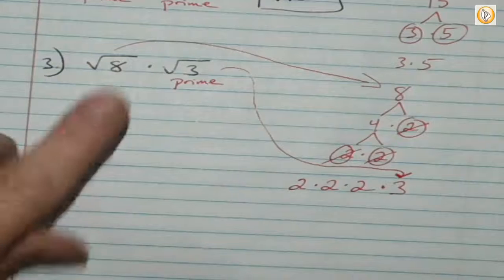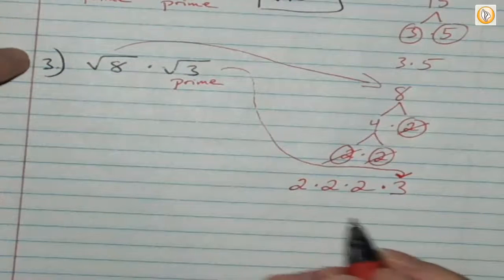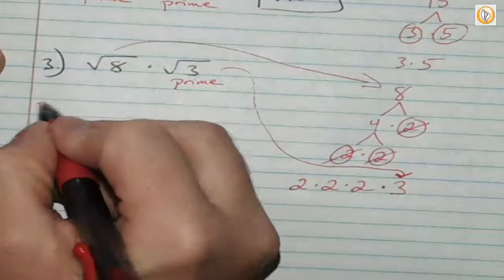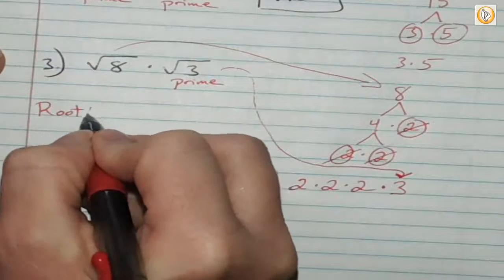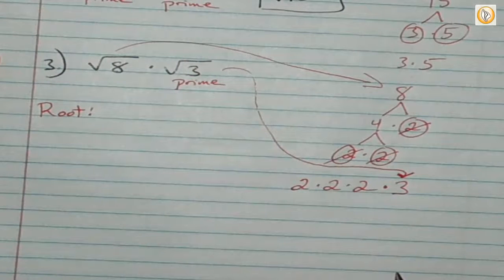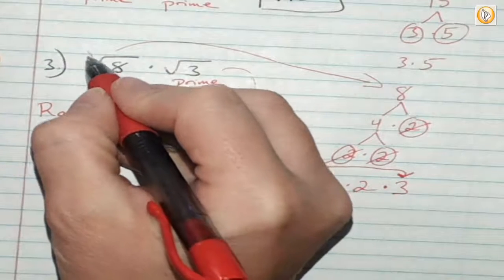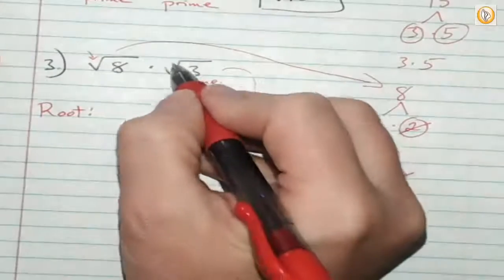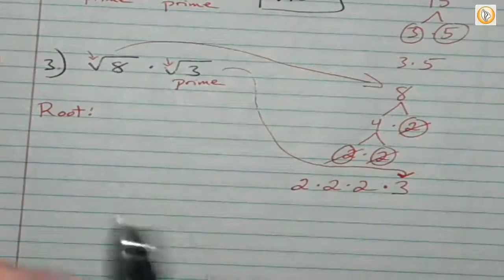All right, so now, what is my root, Valeria? What is it? That's right. Okay, so see, there's no root in each of these check mark things.